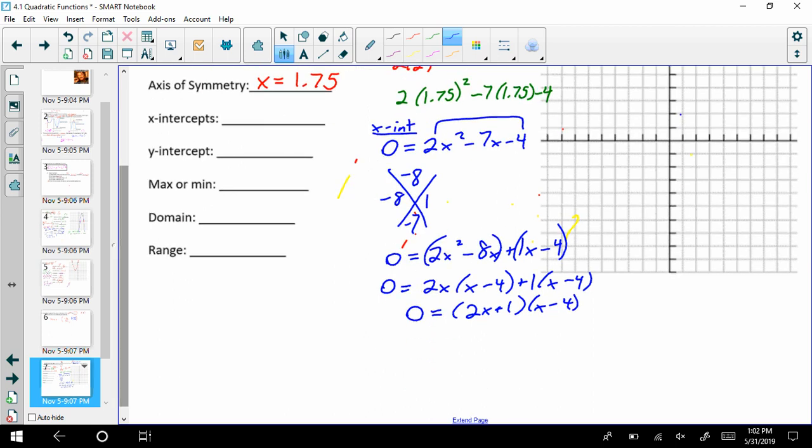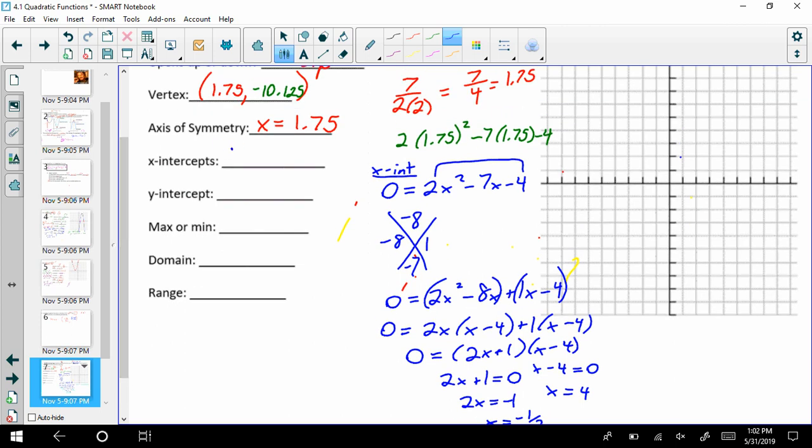And then if I set each piece equal to 0 and solve, I have my x-intercepts, 4 and negative 1/2. To get the y-intercept, I'm going to put 0 in for x.